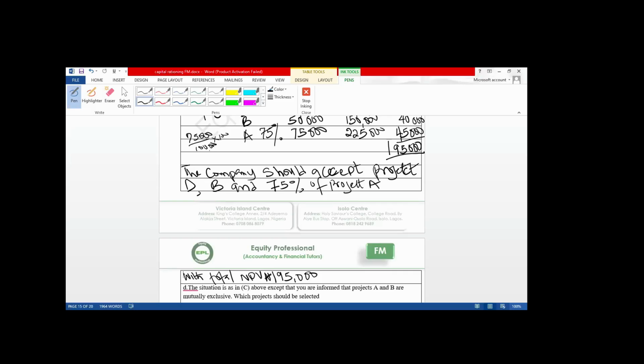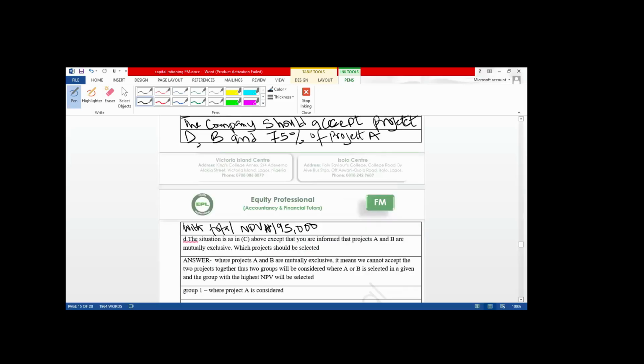Requirement D. The situation is as in C above. That means you have just 225,000. The examiner says the situation is as in C above, except that you are informed that projects A and B are mutually exclusive.